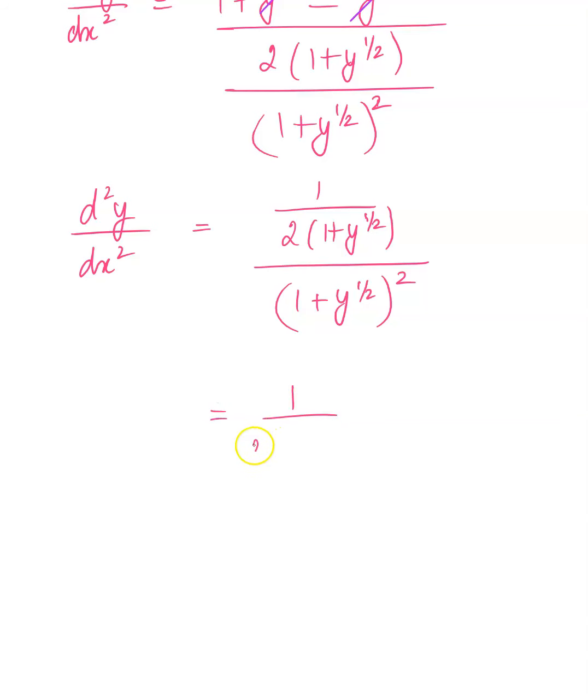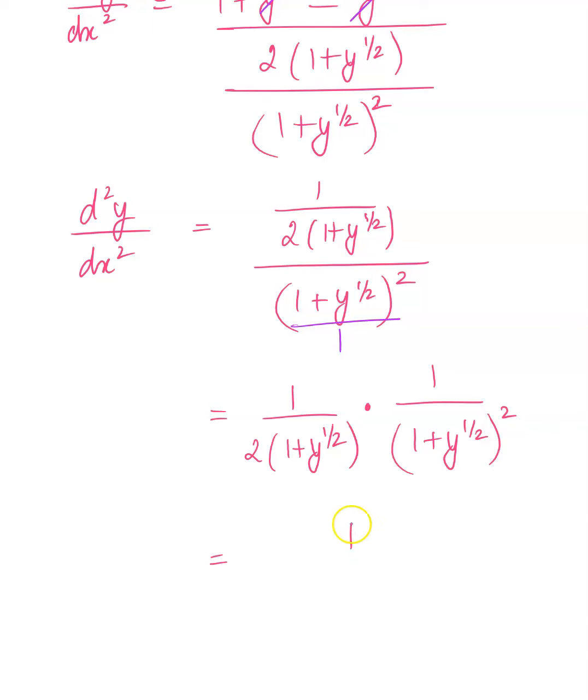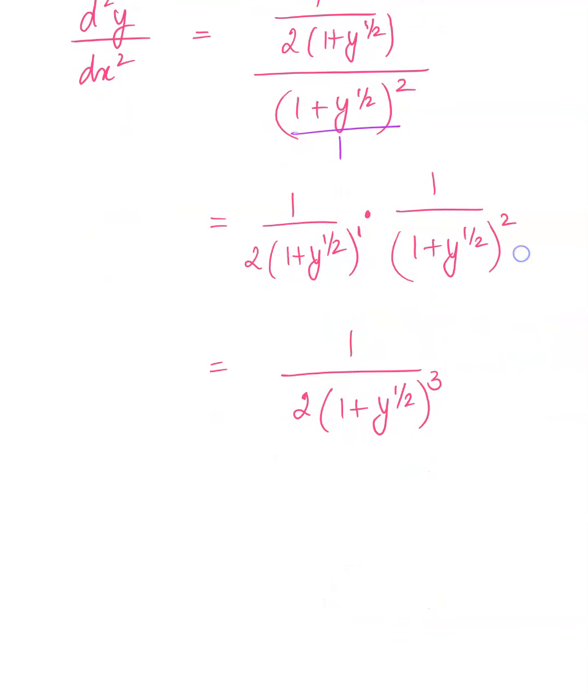Write the numerator as it is, times, there is a 1 underneath this, so flip the denominator, which would be 1 over 1 plus y power half the whole squared, which basically is 1 over, so this is a power 1 and that's a power 2, so we add the powers by the exponent rule, and we get the whole cubed. Okay. d squared y over dx squared.